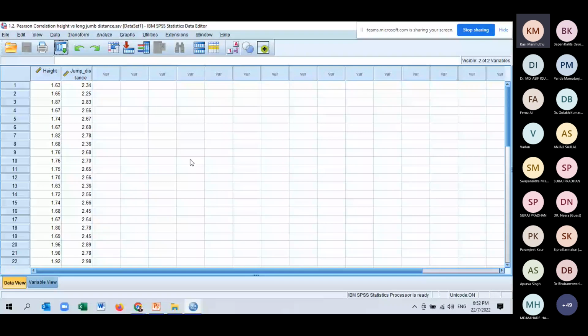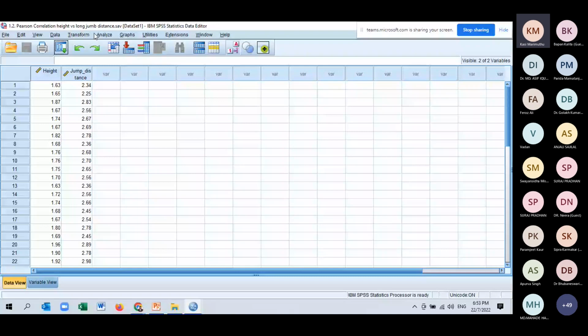Graphical approaches include the histogram, QQ plot, detrended plot, box plot, etc. In the statistical approach, we can use skewness and kurtosis, or the Kolmogorov-Smirnov and Shapiro-Wilk tests. Let us run it, and then I will demonstrate how to interpret.